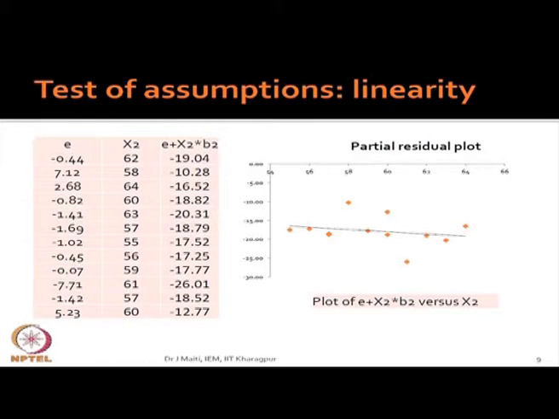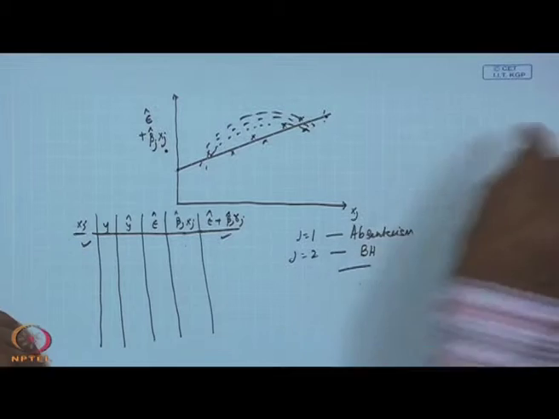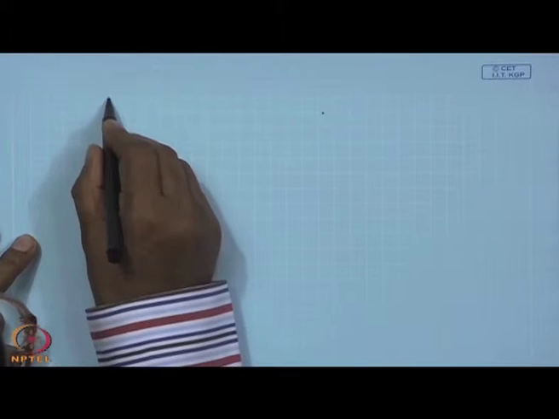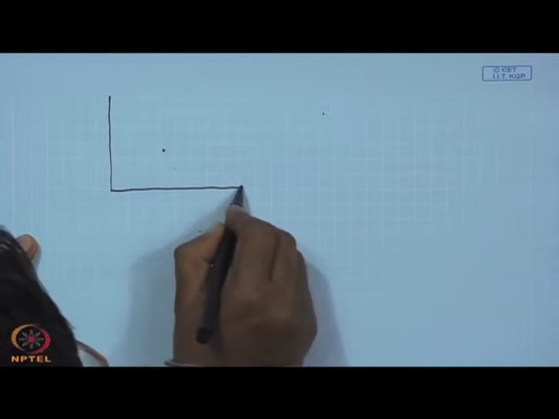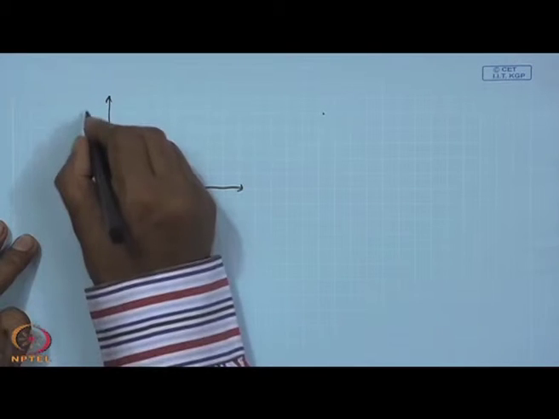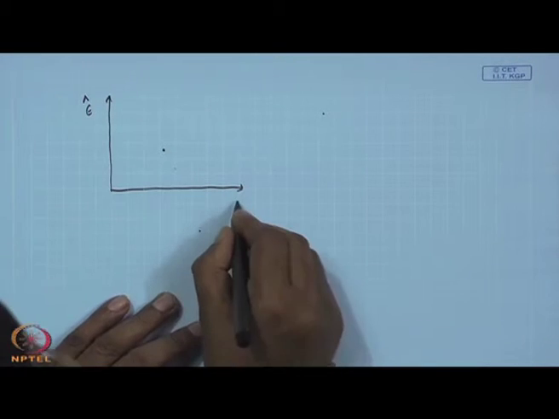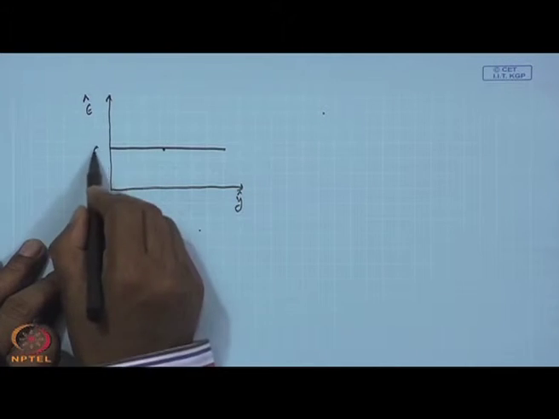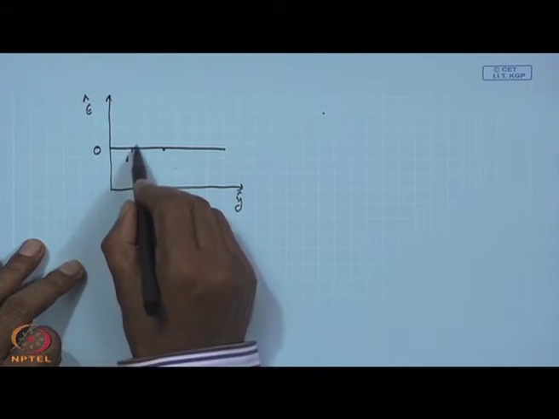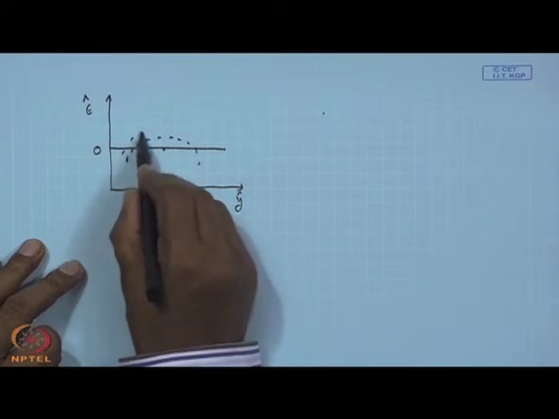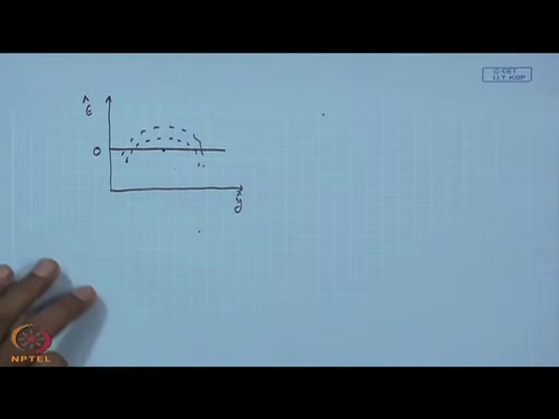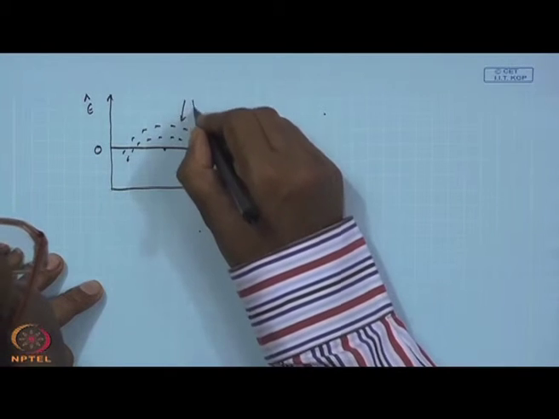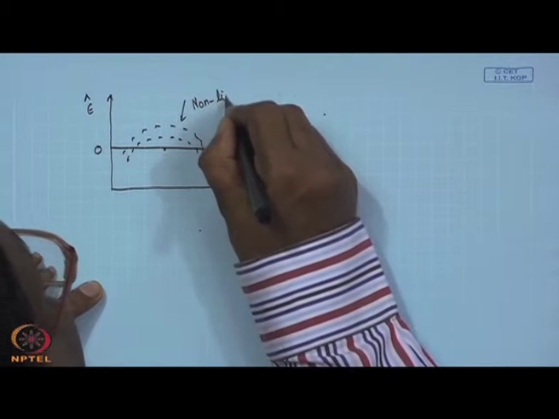Then what will happen if we find a figure like this? Suppose you first plot the residual plot, which is epsilon cap versus y cap, this is the 0 value, and your residual plot looks like this. So it indicates non-linearity.